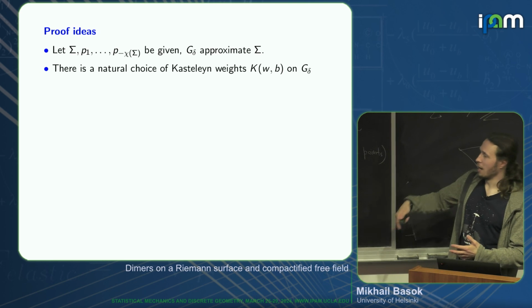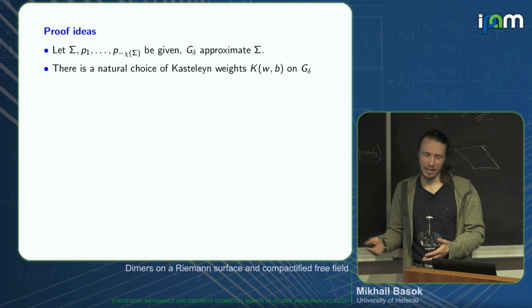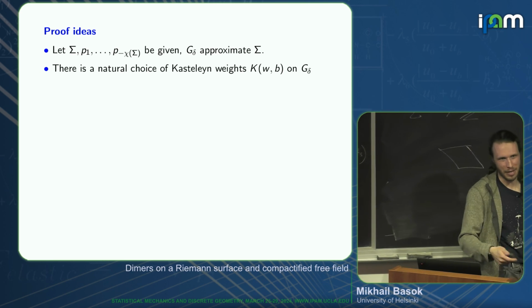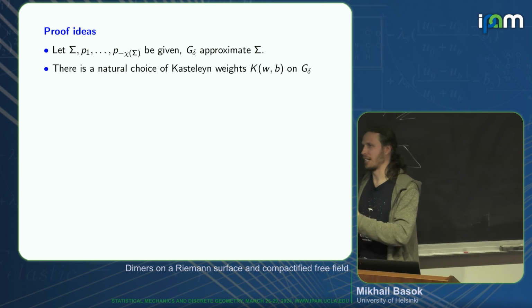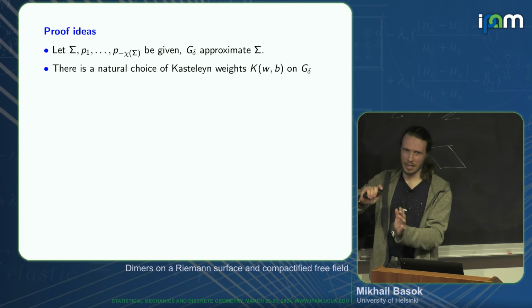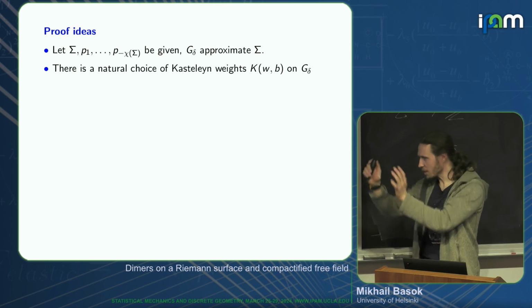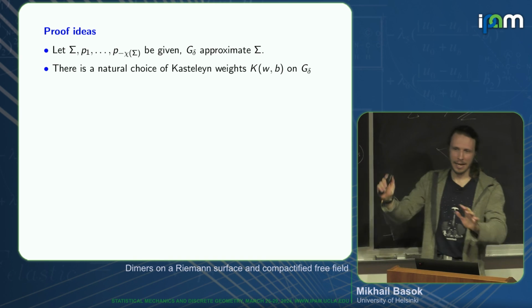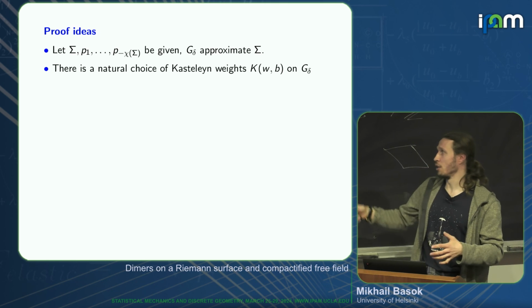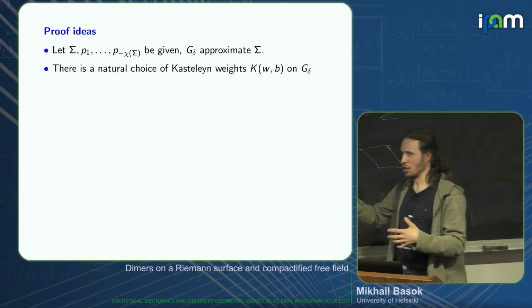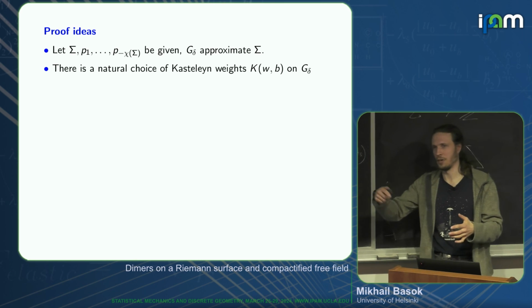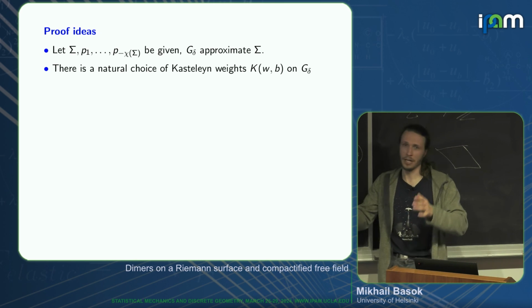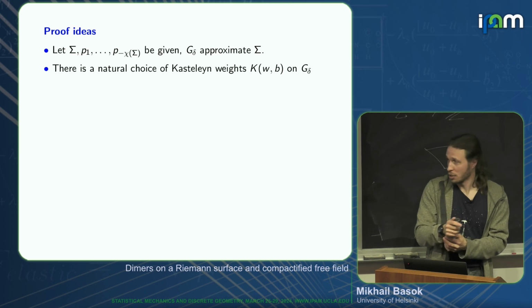The thing is that on a surface, if you know how these t-embedding Kasteleyn weights are constructed, they depend on how you embed the graph into the plane. And here we don't have any global coordinate. So if you just follow that rule, we get something multivalued. We don't have actually defined weights. So we have to correct them somehow to cancel this monodromy.